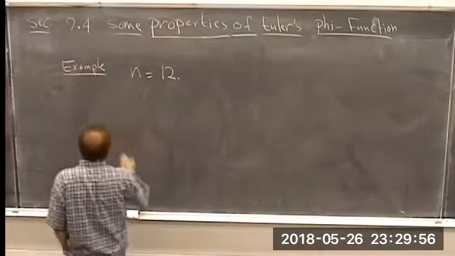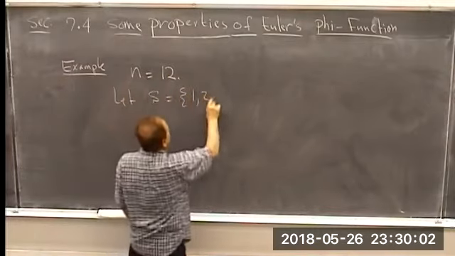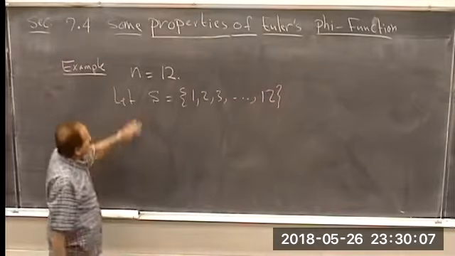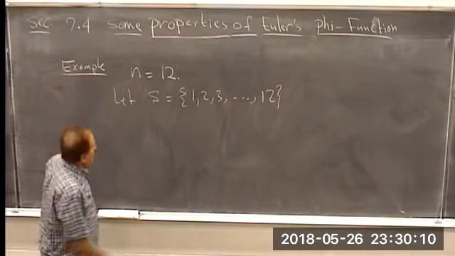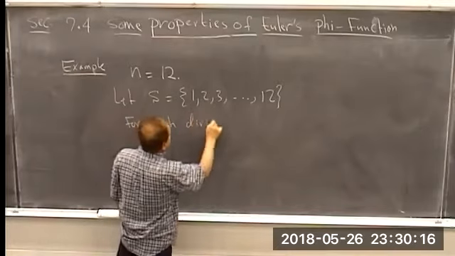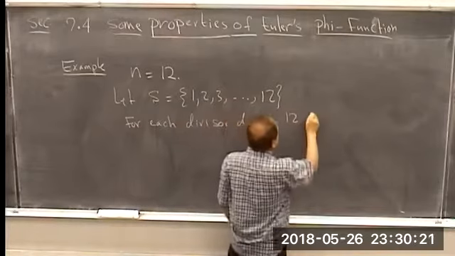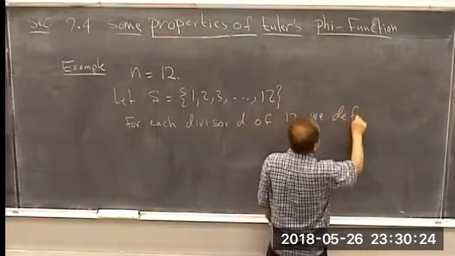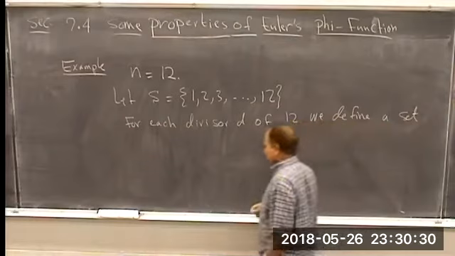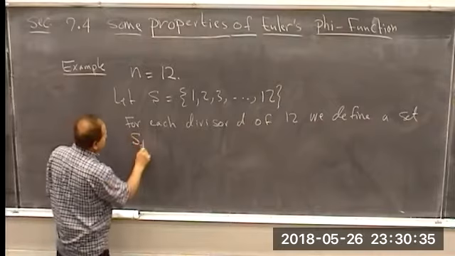We're going to start with considering all the integers from 1 to 12, and we're going to put this in a set, and name it S. Then for each divisor d of 12, we define a set, and we're going to call this S sub d, as follows.